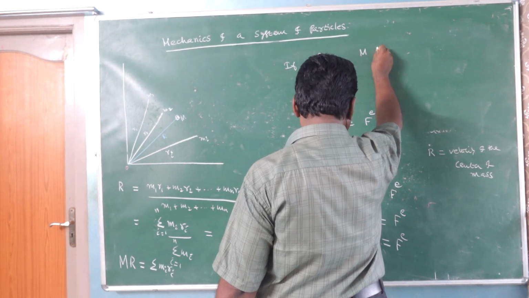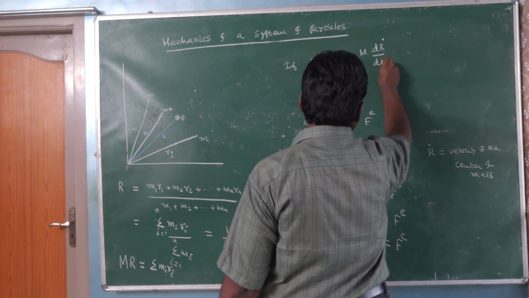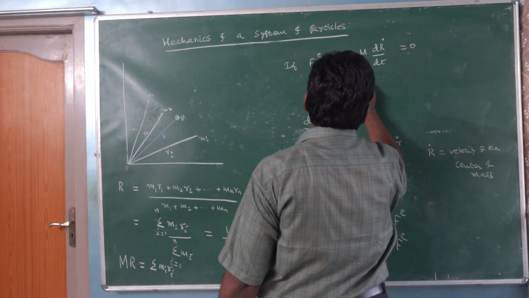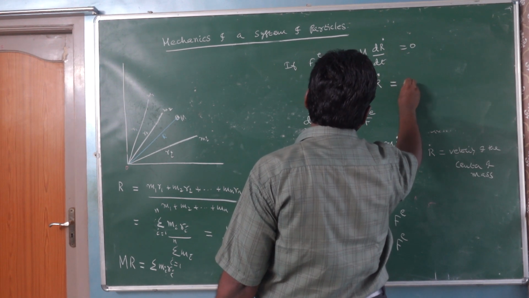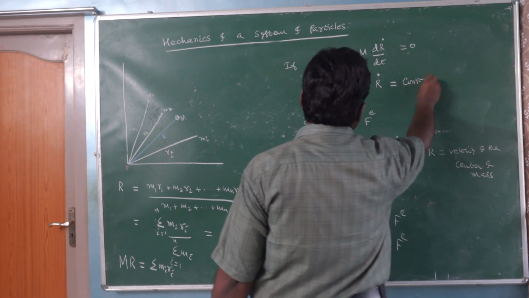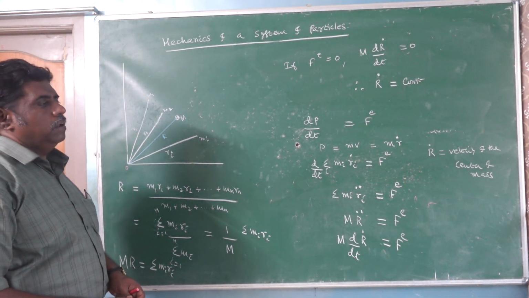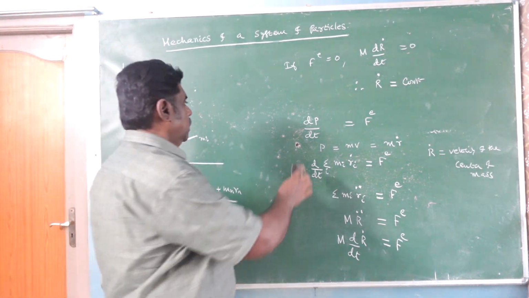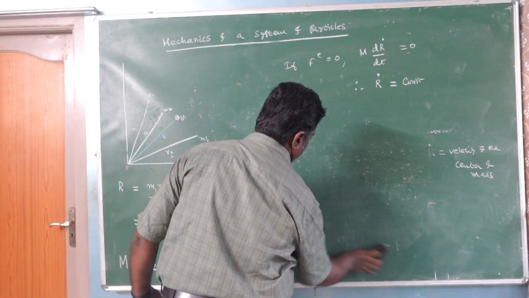M into dR dot by dt equal to 0. Therefore, R dot equal to constant. R dot is our velocity of the center of mass. Now we read the second conclusion.